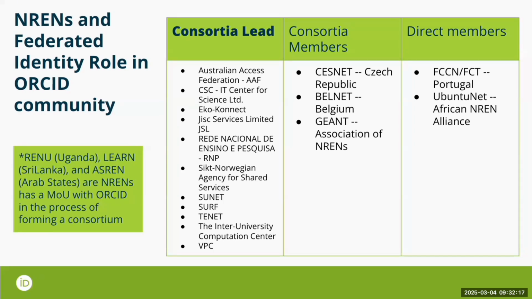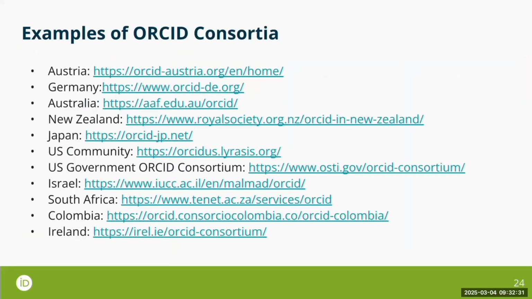Some are being a consortium lead. Some, although they may not be the lead, join consortia as a member, and a few just join ORCID directly. By doing this, I want to illustrate there are different ways of working with ORCID. And this is an example of different consortia, as a reference. I think, Terry, we will make our slides available, right?